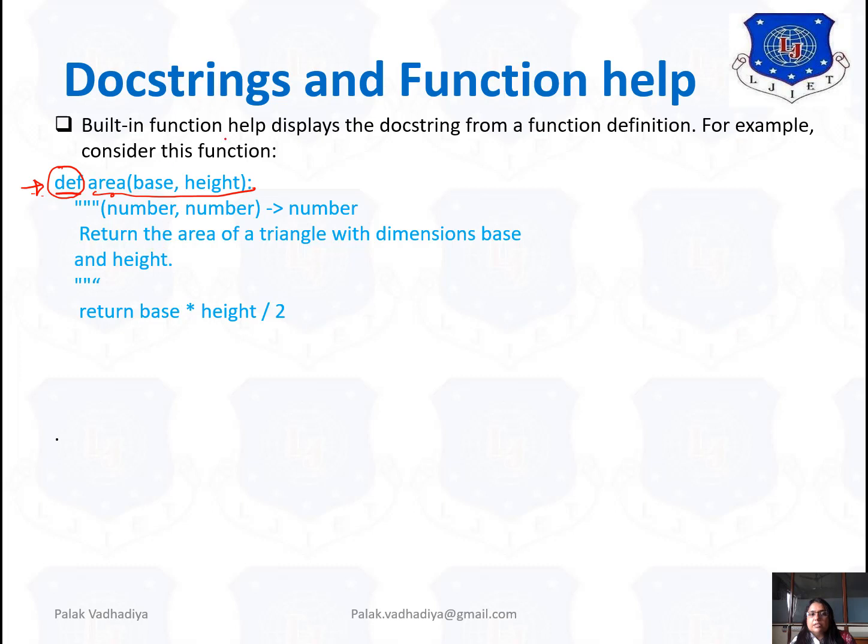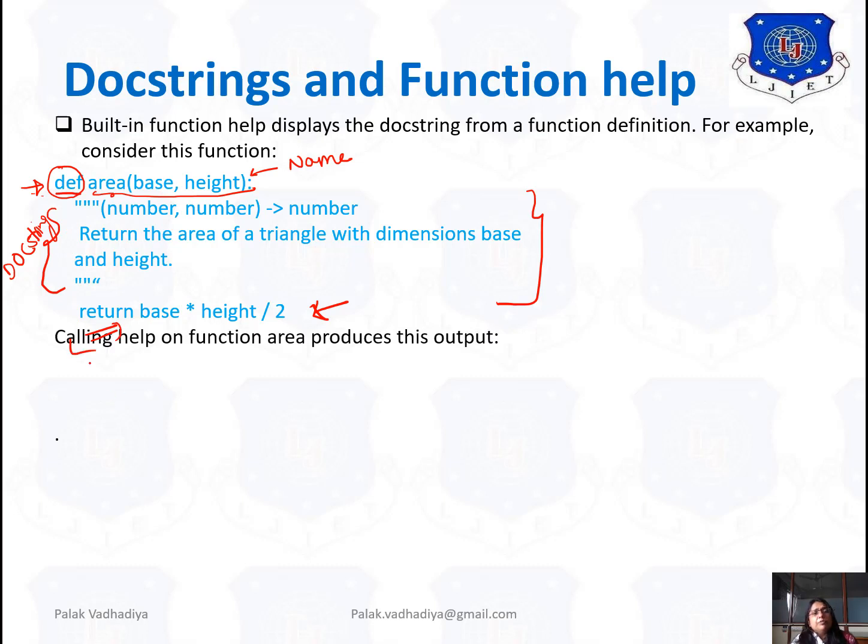And inside these quotes is what is known as a docstring. Whatever you write inside these quotes is referred to as a docstring. And here is the return. That means whatever answer you want the function to give, you have to write in the return statement.